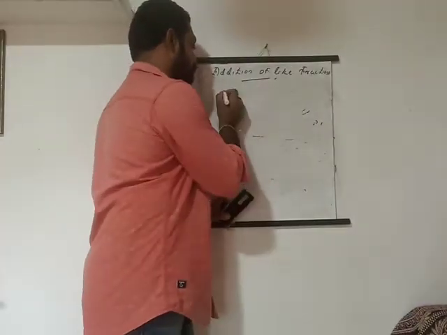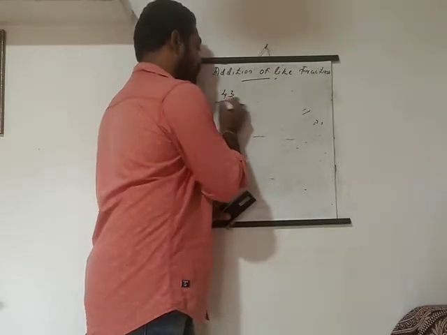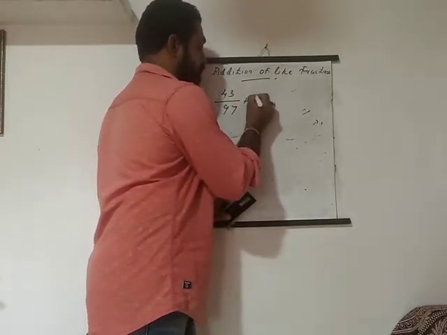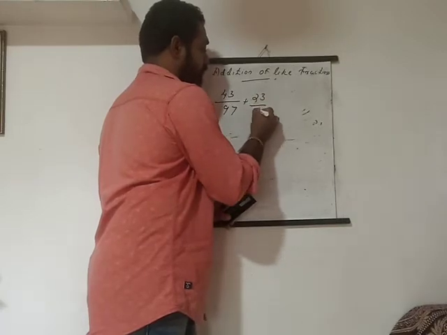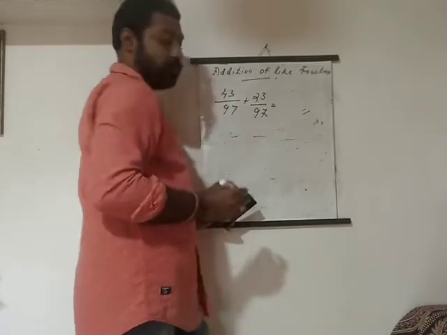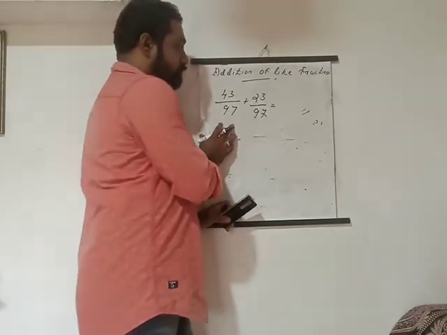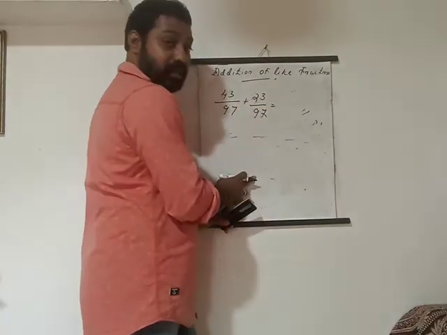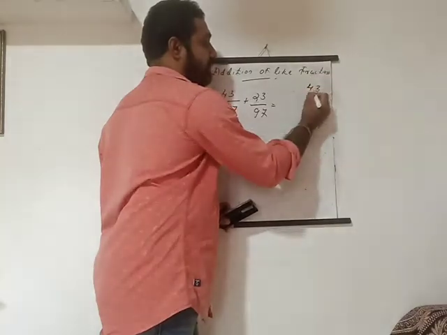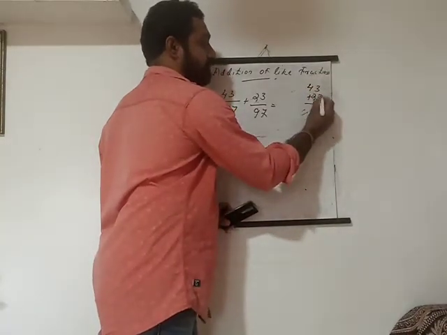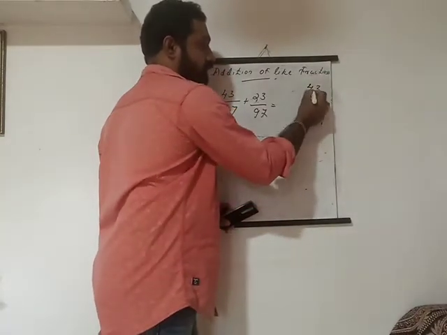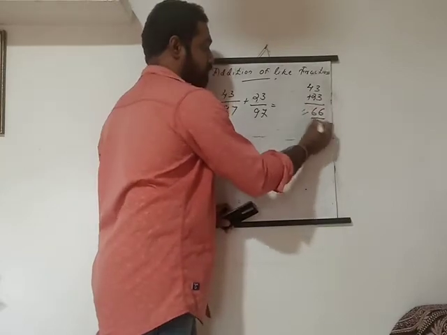What about this one? 43 by 97 plus 23 by 97. So what do you have to do? We have to add the numerators, 43 plus 23. 3 plus 3 is 6, 4 plus 2 is 6. 66.